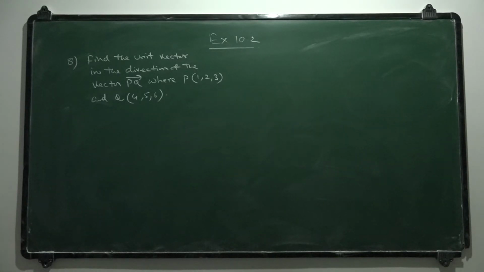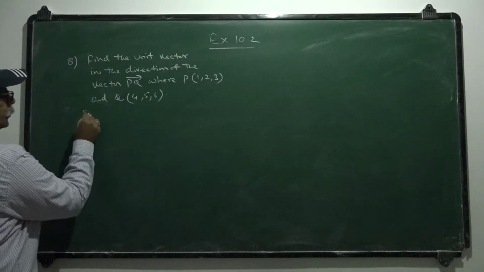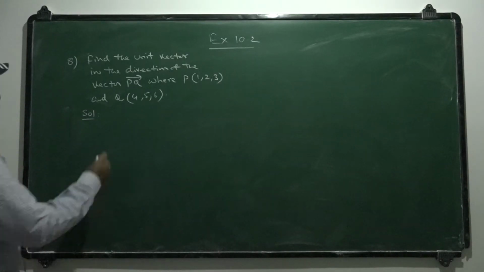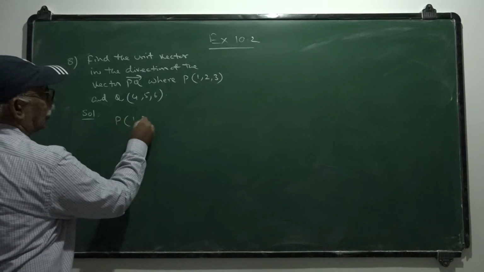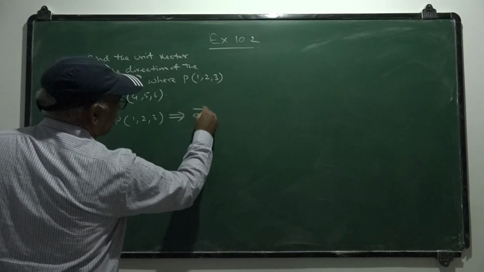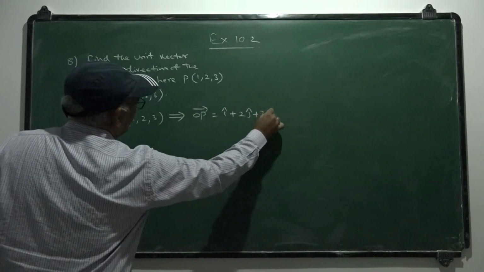For that, P and Q are given as (1, 2, 3) and (4, 5, 6). The points are given. So P is (1, 2, 3), which implies OP bar, its position vector, is i plus 2j plus 3k.